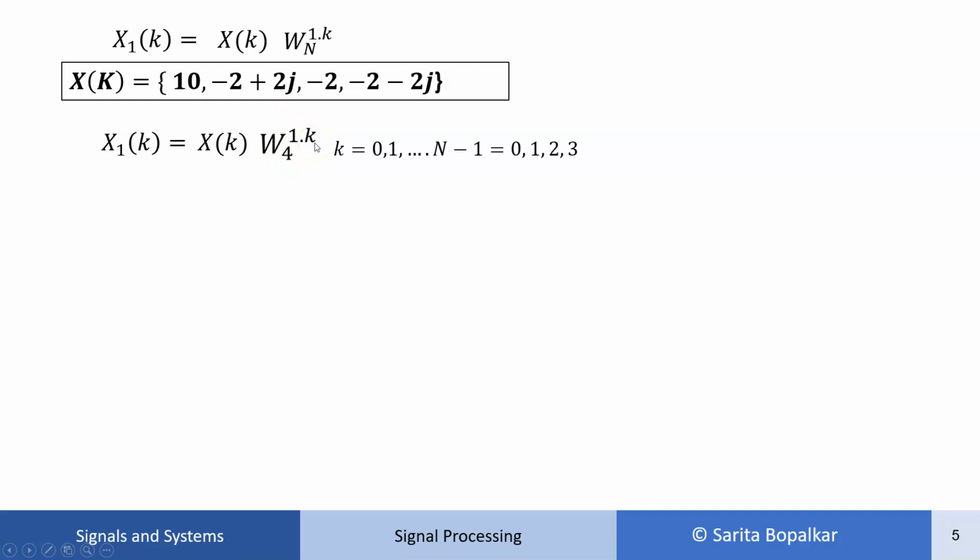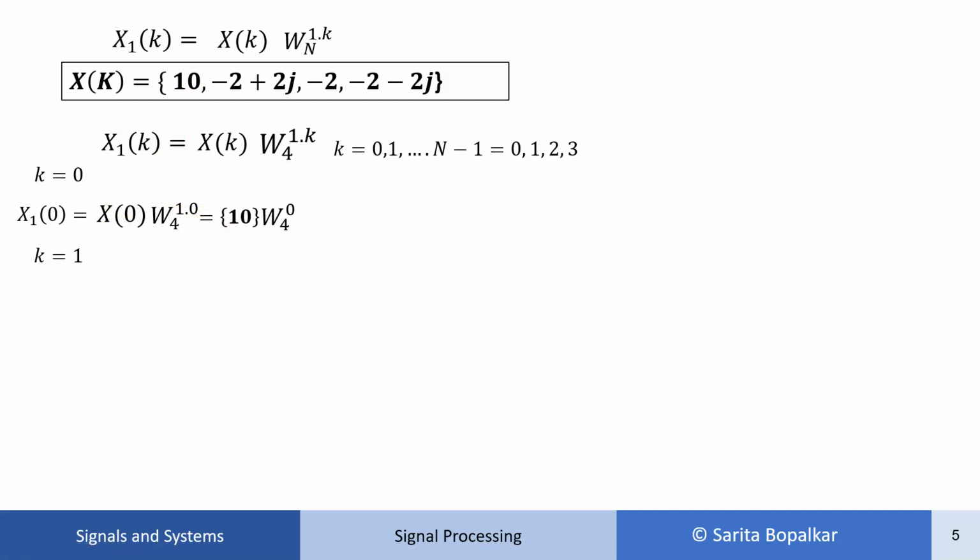Now let's put k varying from 0 to N-1, N is 4, so 0, 1, 2, 3. So k is equal to 0. Put this in the equation: X1(0) is equal to X(0) W_4^{1·0}. So k is 0, it becomes X(0) is 10 and W_4^0.